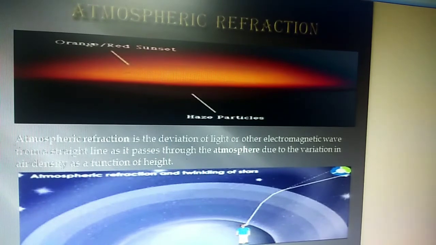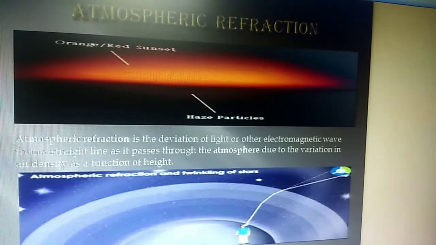Early in the morning, that is sunrise time, and at sunset time, the sun appears orangish red, whereas during afternoon the sun's color is white. This is due to the phenomenon of atmospheric refraction. What is meant by atmospheric refraction? The atmosphere has many layers.